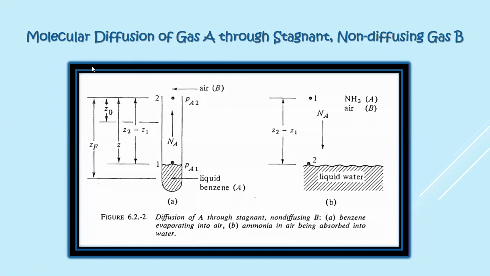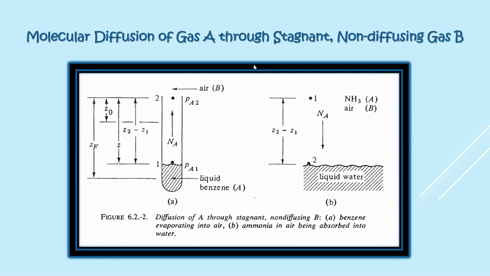The previous topic is both gases are free to diffuse from each end of the chamber. So A is diffusing towards the right and B is diffusing towards the left. Whereas in the third scenario, only A is diffusing because B is non-diffusing.